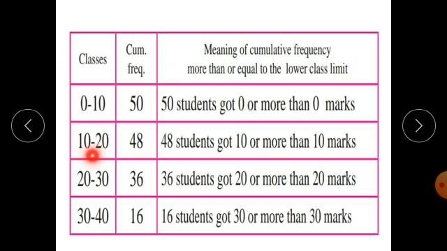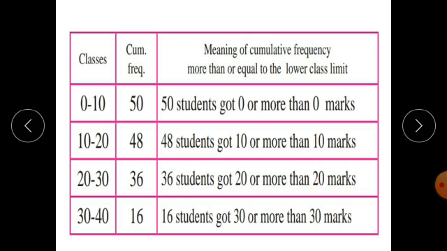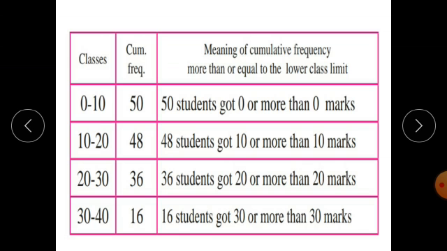Now for the class 10 to 20, cumulative frequency is 48, which means 48 students got 10 or more than 10 marks. For the class 20 to 30, cumulative frequency is 36, which means 36 students got 20 or more than 20 marks.